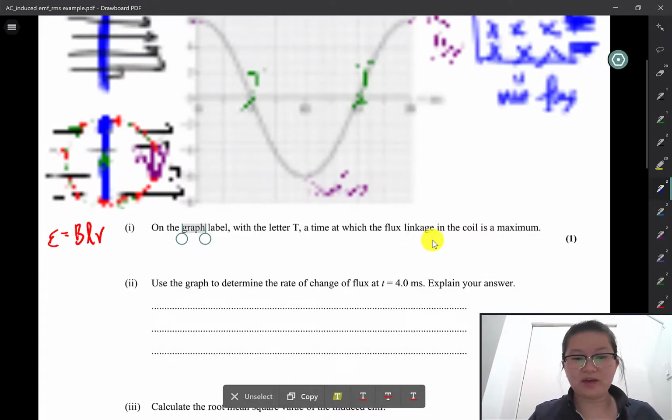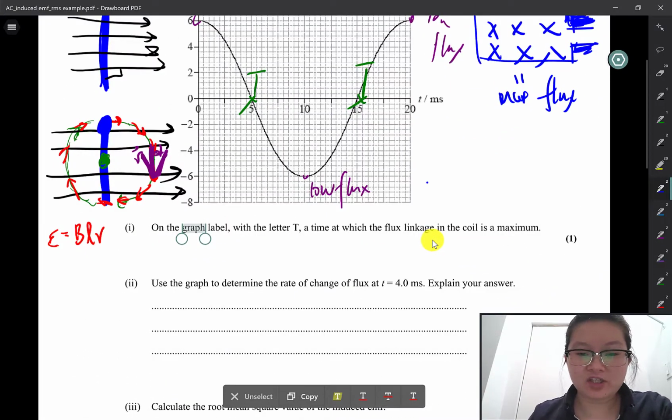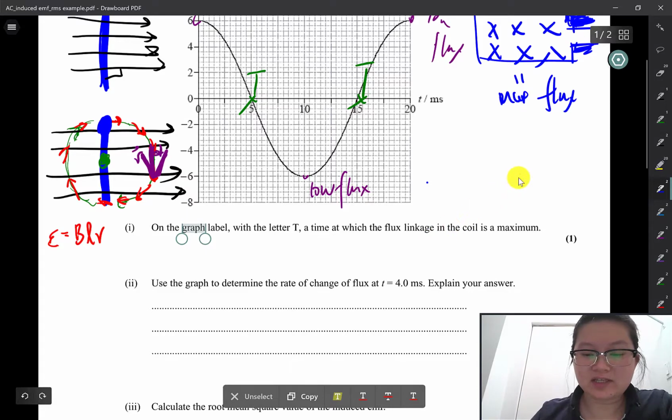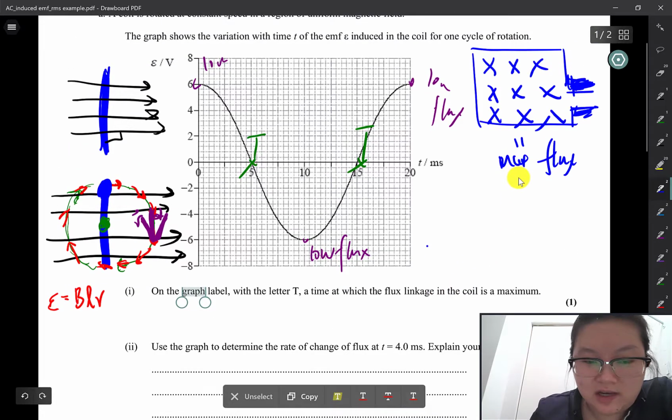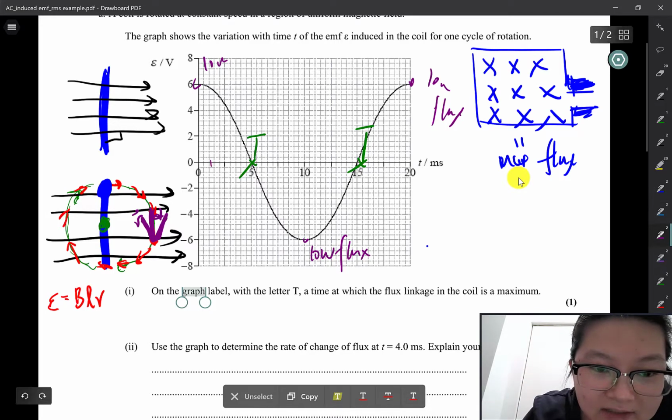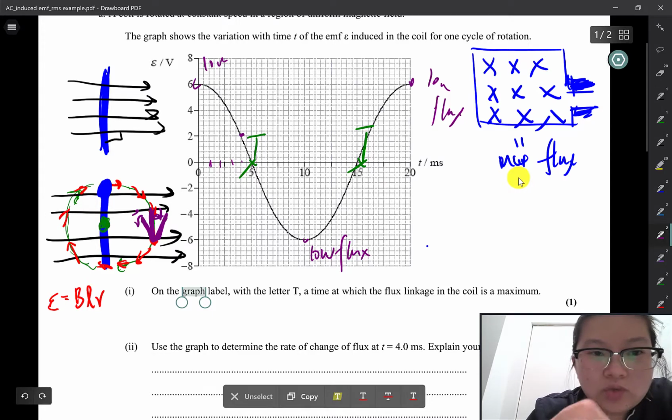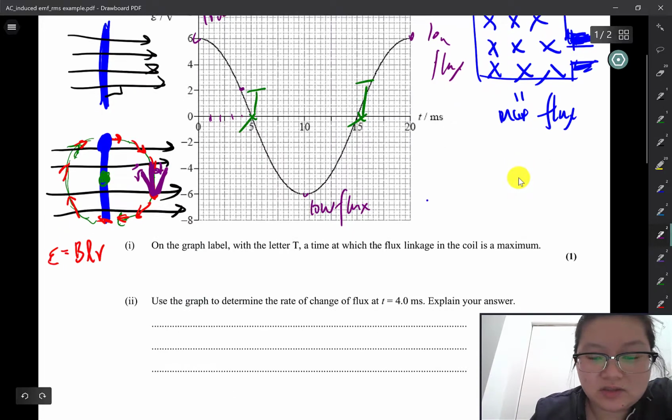Moving on. Use a graph to determine the rate of change of flux at t equals 4 milliseconds. Let's use purple. So at 4 milliseconds, this is going to be 1, 2, 3, 4, so roughly here, about 2. This is at 2 volts, okay?